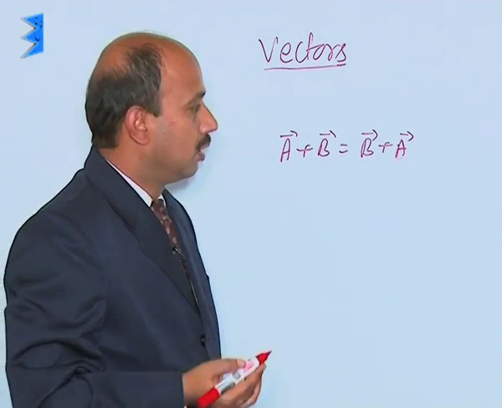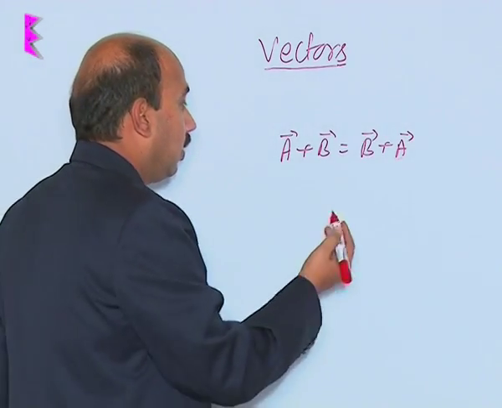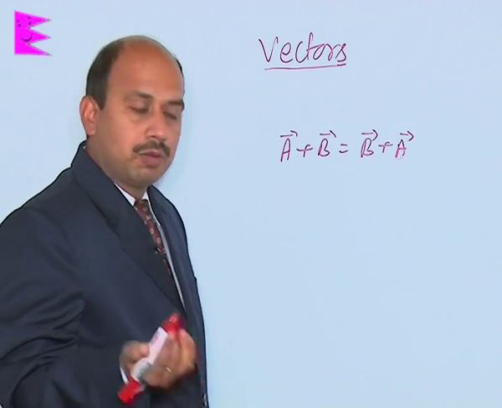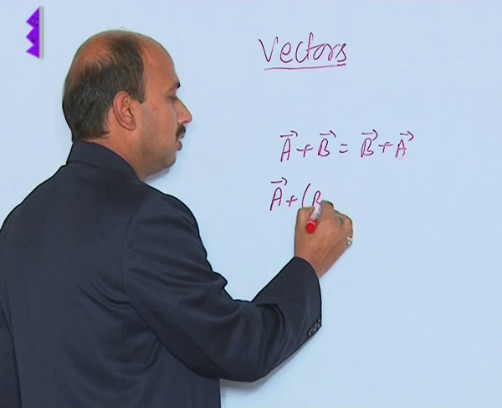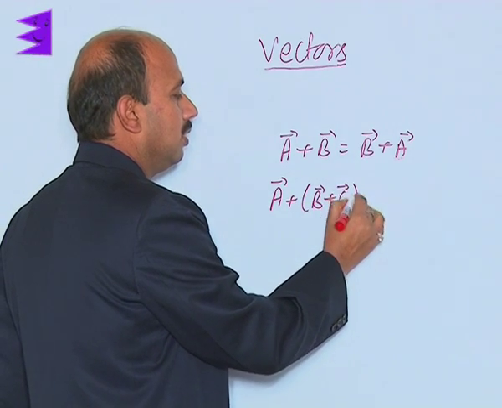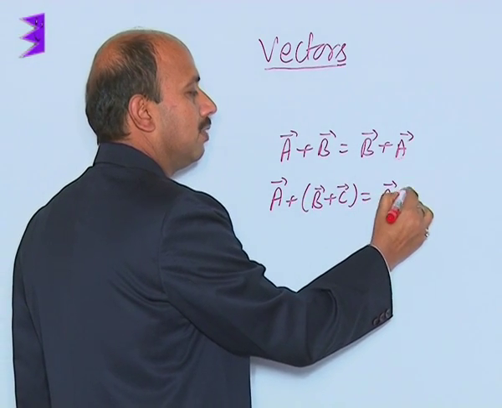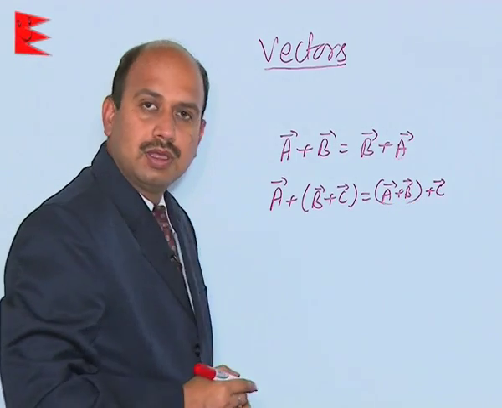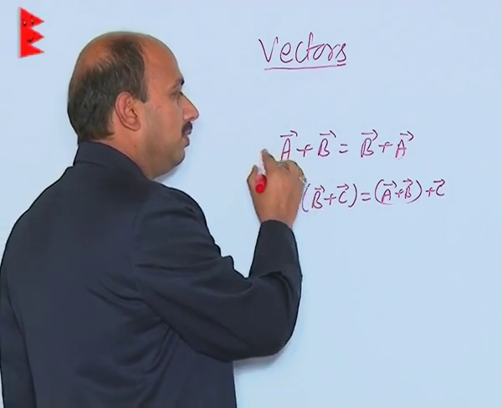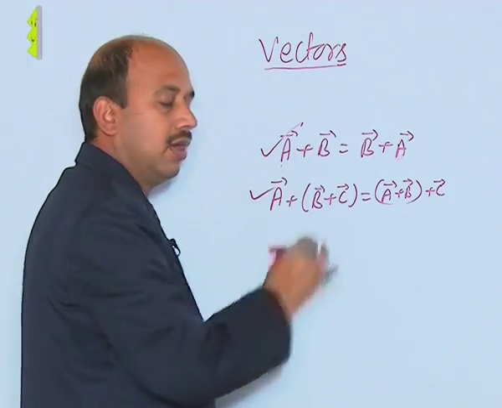It follows the commutative property. Also, it follows the associative property like this: vector A plus (vector B plus vector C) is equal to (vector A plus vector B) plus vector C. So, vector addition is commutative as well as associative.